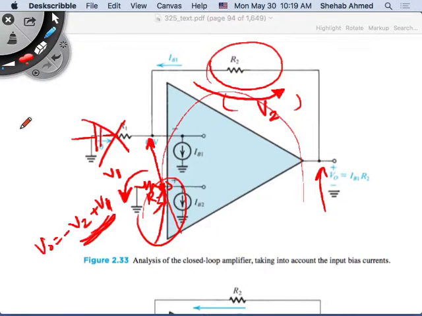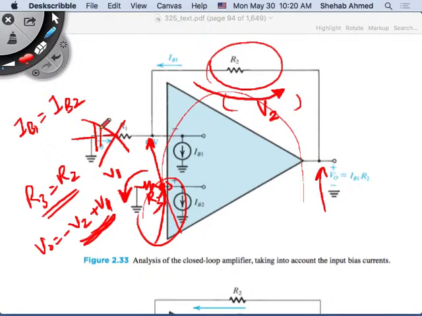In this case, if I assume that IB1 is approximately equal to IB2, then I want R3 to be equal to R2. Because if the current flowing through here is equal to the current flowing through here, and I make the resistors equal, just the polarity of the current flow makes the voltages in opposite directions. That means I want the resistors to be equal to be able to cancel the effect of the bias current in the output.